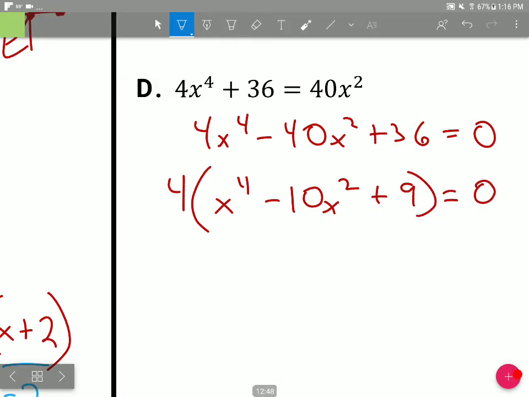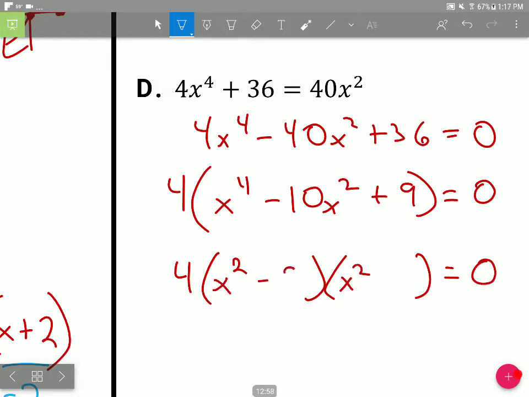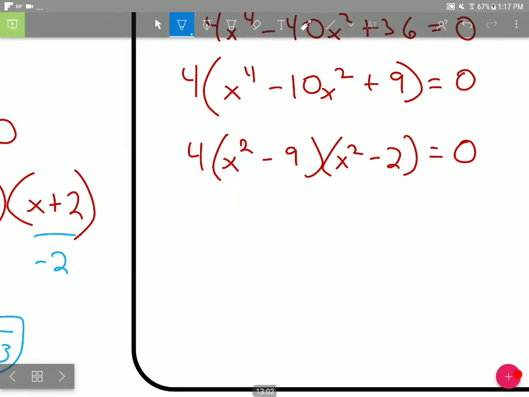And x to the what power? Good. Go from there. Ooh, that's not 2. That should be a 1. So it's 4. Yep.